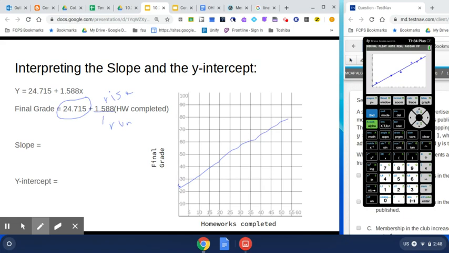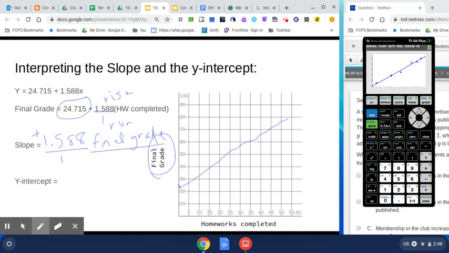Okay, so the slope we said was 1.588 over 1. If I think about what the rise represents, the rise means the increase in final grade. So the final grade is going to increase 1.588% for every 1.